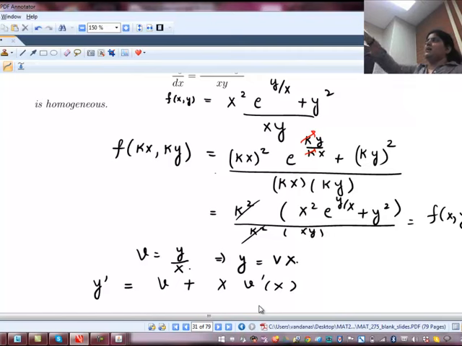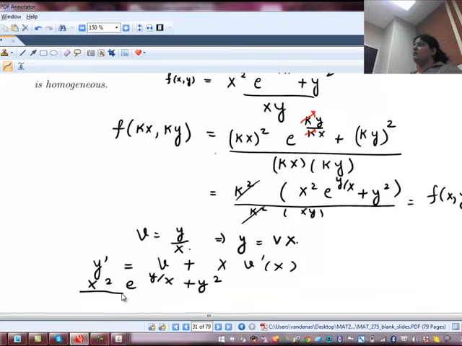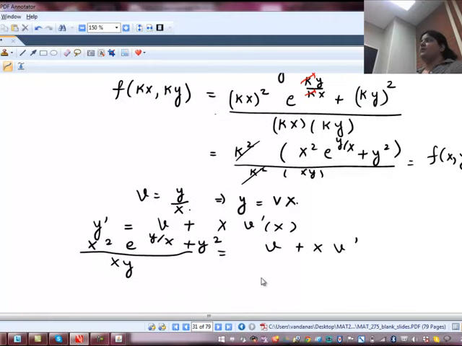So it is x square e to the power y over x, plus y square divided by x y, and this is equal to v plus x times v prime, right? So now this one is v, so let me place v everywhere.